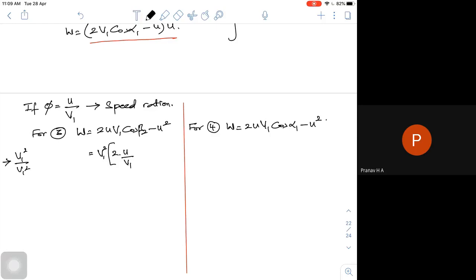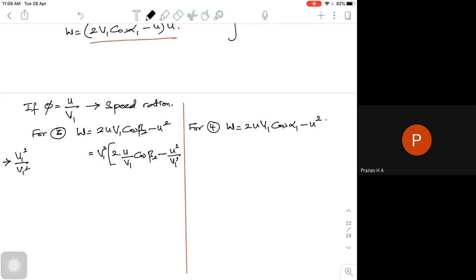What I'm left with is V1 square outside, so this will be 2U into V1 into cos beta 2 minus U square by V1 square.